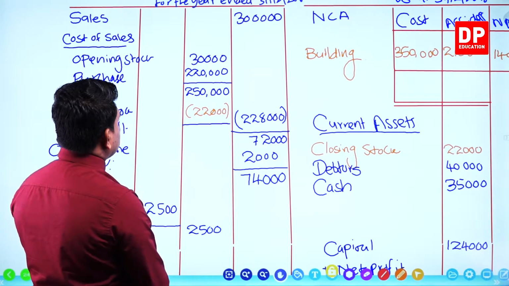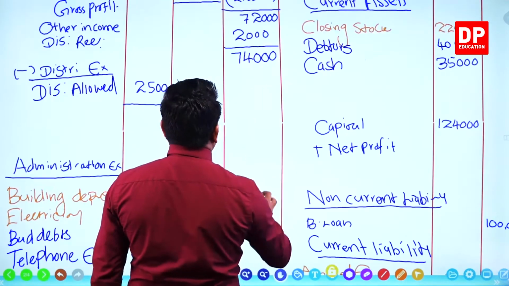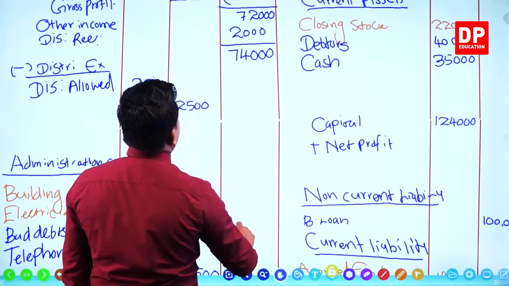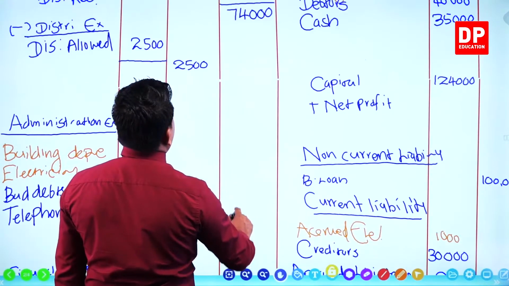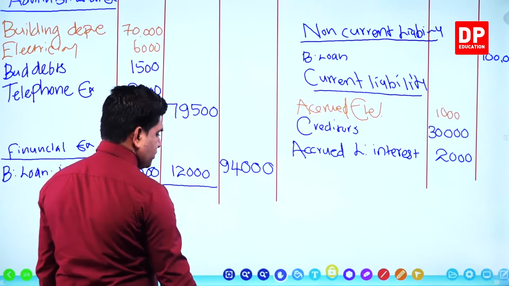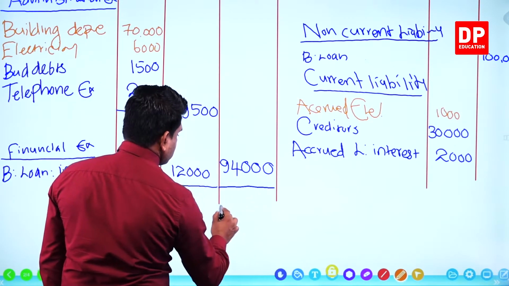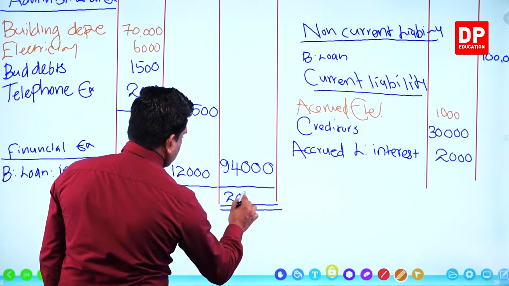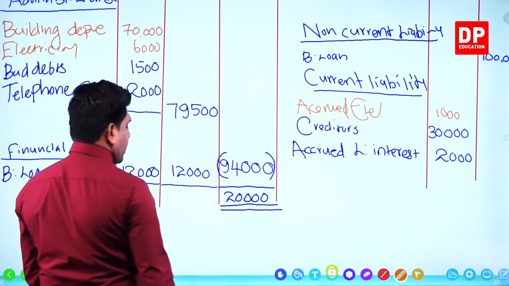Right, okay. Now, why did I recheck? Because here it is a net loss. Here 74,000, here 94,000. Then how much is the net loss? 20,000 net loss. Why? Because the total expense is 94,000.